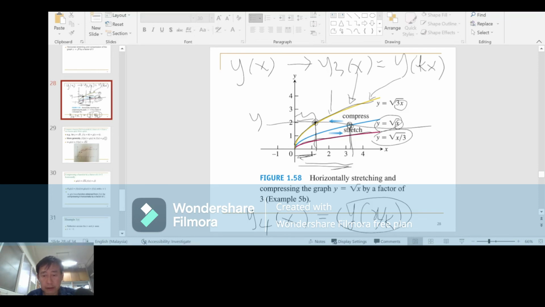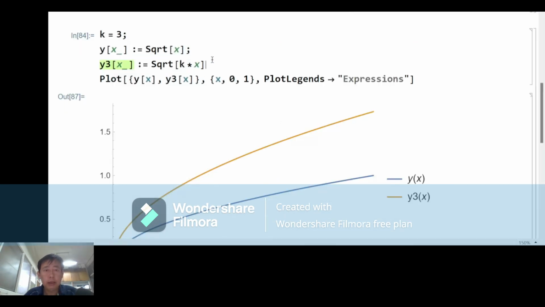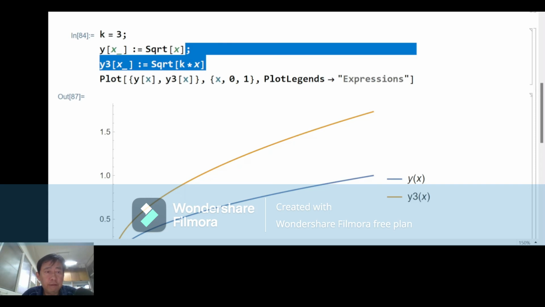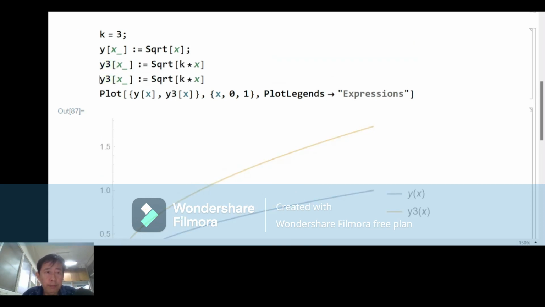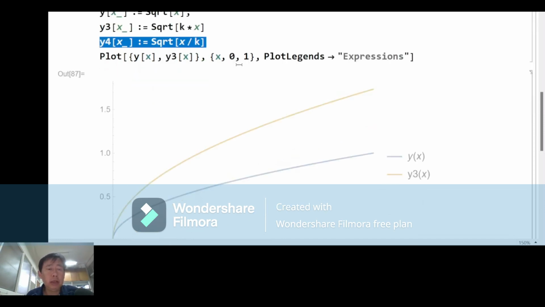So if this is correct, then we can see the effect of the stretch by using Mathematica. According to what I have explained earlier, if you divide x by the factor k, where k is larger than 1, then y4 is the horizontally stretched version of the original function.